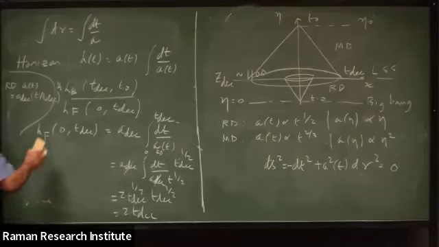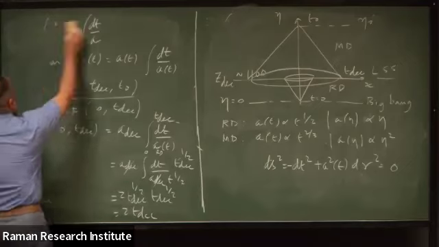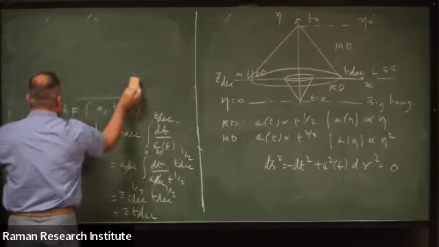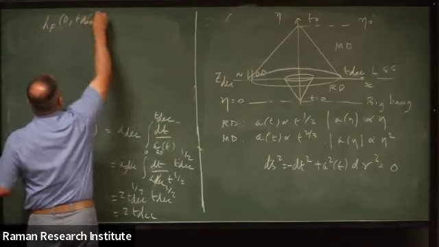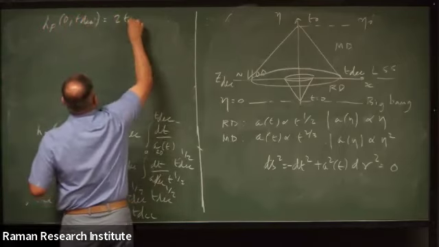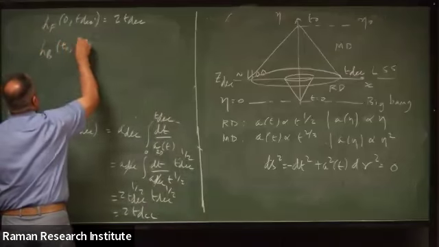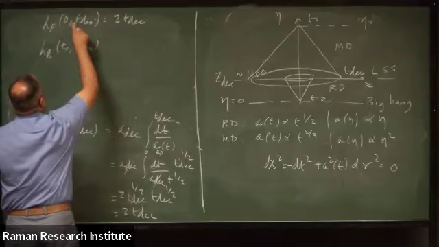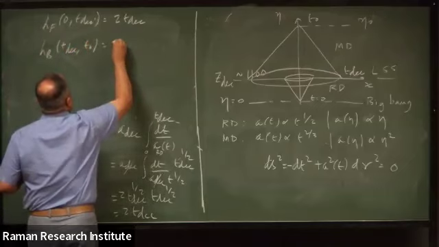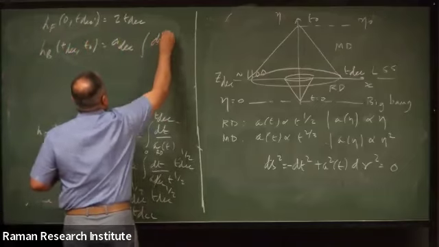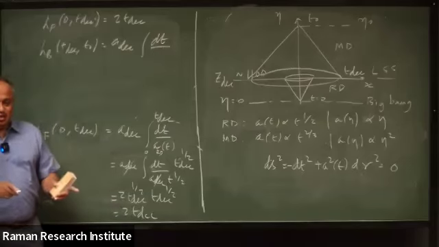All right. Now, in this space, I will try to evaluate backward. So let me write it upstairs. So h forward from 0 to t decoupling is 2 t decoupling. H backward, t decoupling to t naught, to use the same notation, is a decoupling, because I'm evaluating at this time, dt by a of t, but a of t now is the matter one.